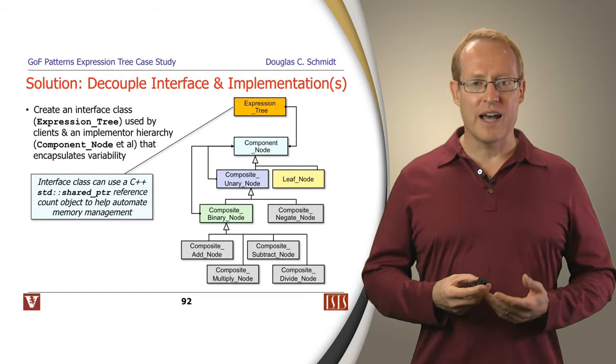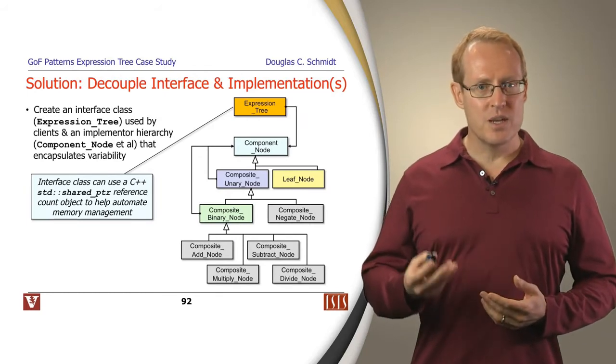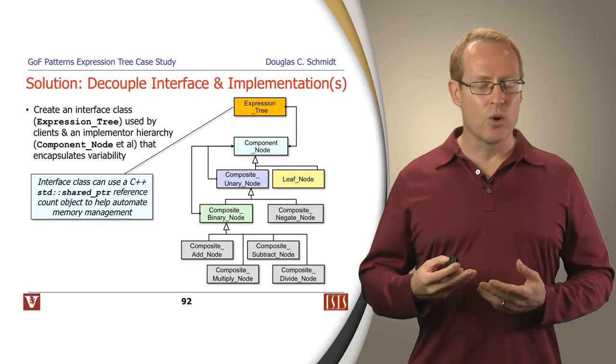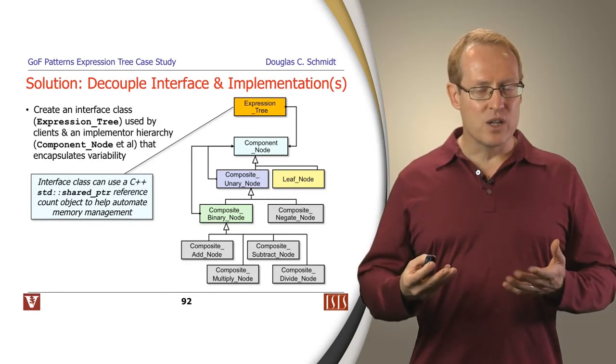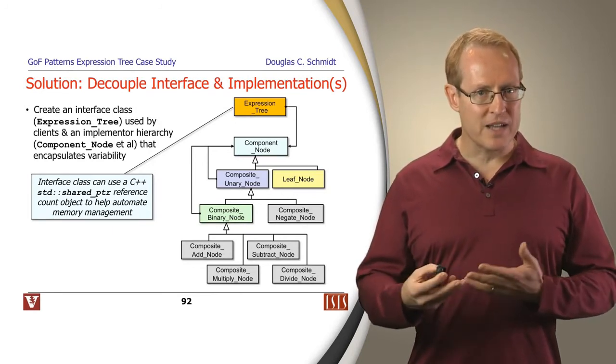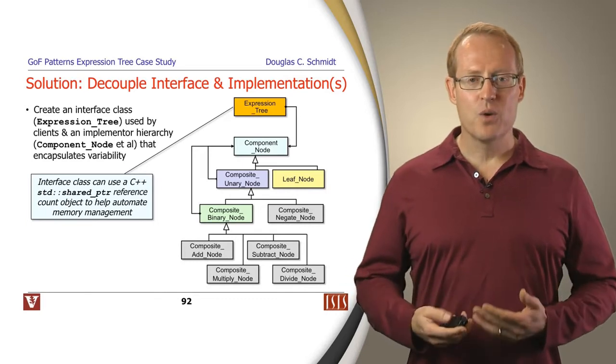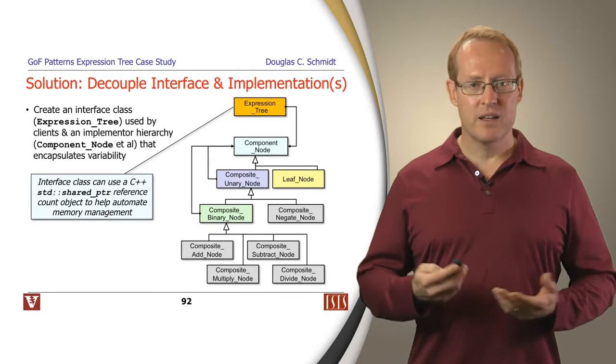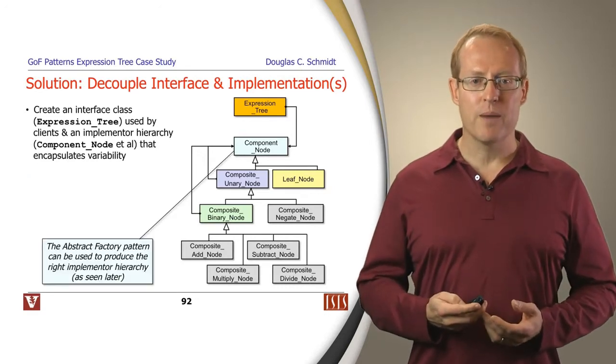The interface class, the expression tree, can use C++11 features or boost features such as shared pointers in order to do reference counting so that you don't end up making deep copies when you pass these particular objects by value, which is a nice simplification, and it reduces the amount of memory and overhead in terms of time and space in the program.